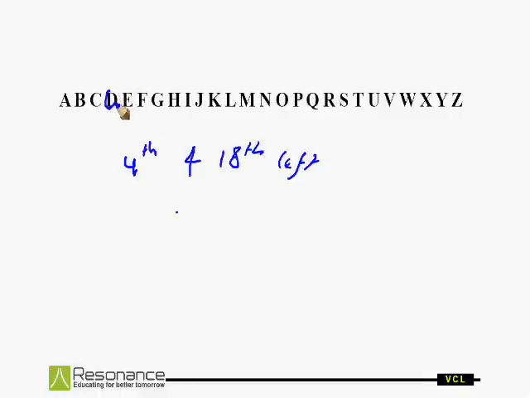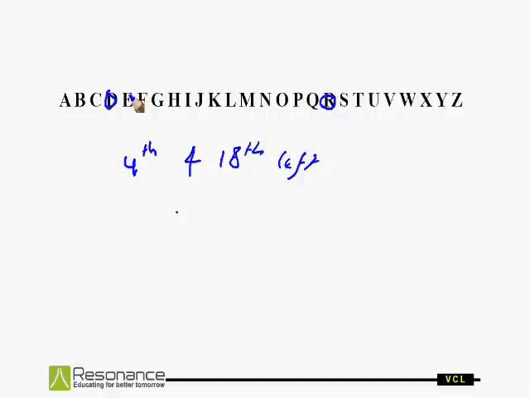If we go with the general method, it means we count the exact letters. In that case, we have to count individually which letter is the middlemost letter of D, which is the fourth letter, and R, which is the 18th letter.